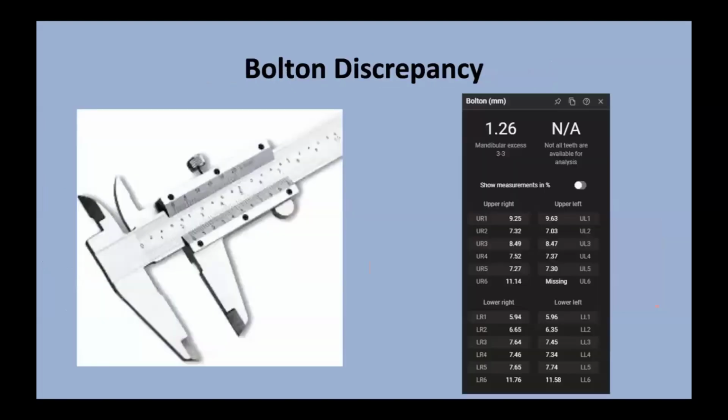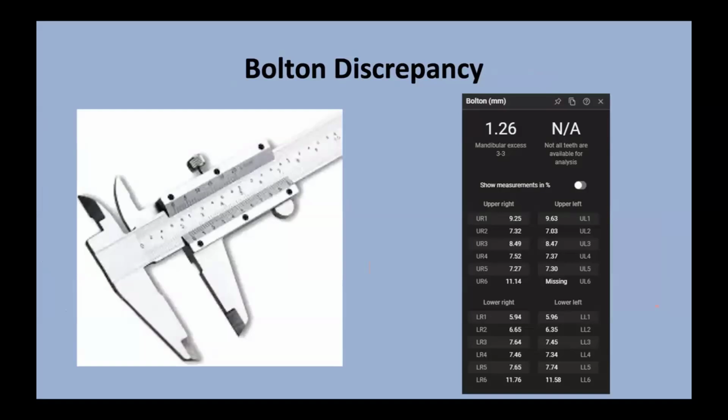How do we determine if there is a Bolton discrepancy? Back in dental school long ago, we had calipers and we would measure them. We also had ways to predict the size of the adult teeth if we still had primary teeth. But now we have much better ways, which are more accurate than me reading one of those calipers.